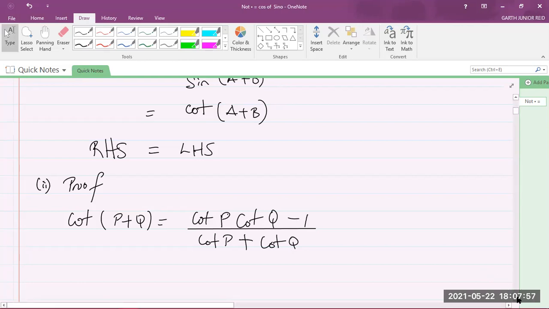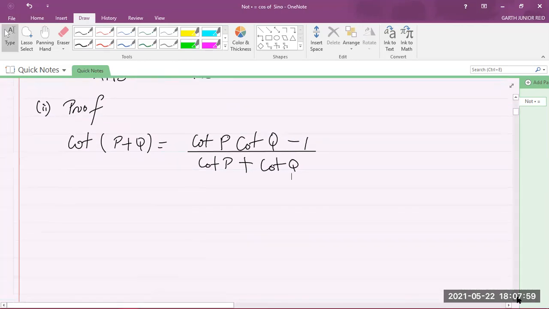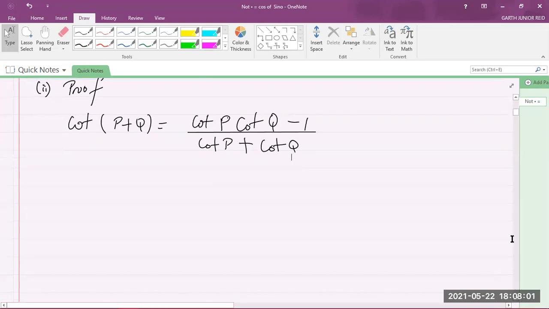I really want to see what I'm actually doing, so I'm using different letters, but it's the same thing.